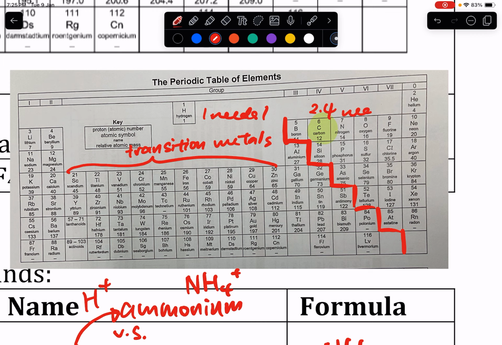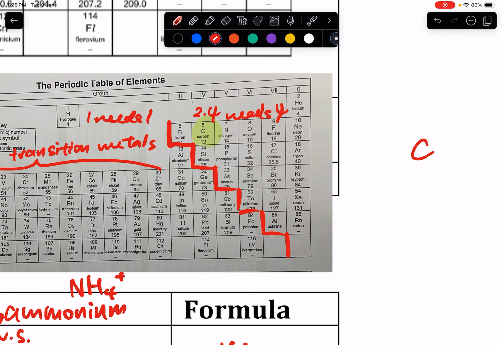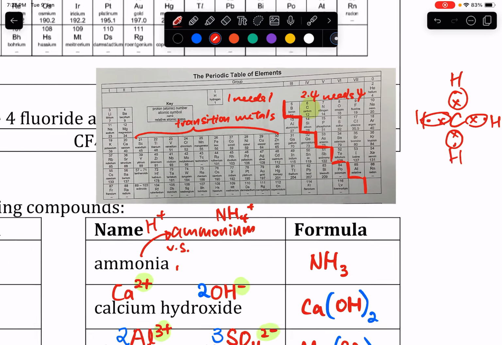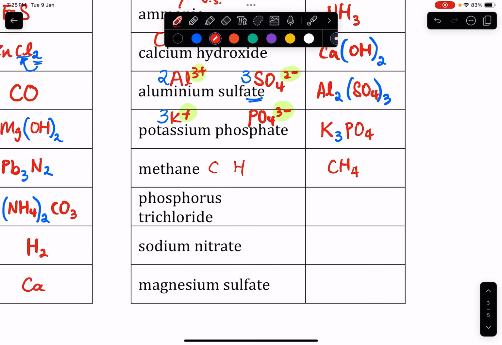So if they need to share electrons, each carbon must find 4 hydrogens, each sharing 1 electron, because each hydrogen only has 1 electron. Carbon needs 4 more, so you will need 4 hydrogens, each sharing 1 pair of electrons. In total, this will give carbon 8, and each hydrogen will have 2. So that's how you can deduce methane yourself.